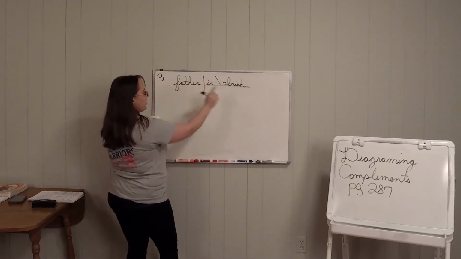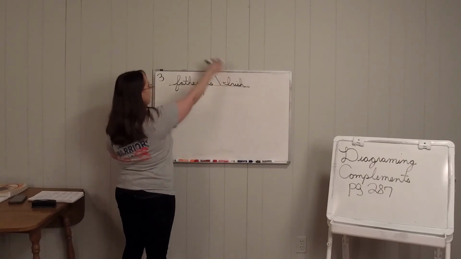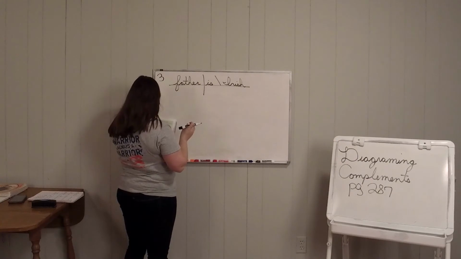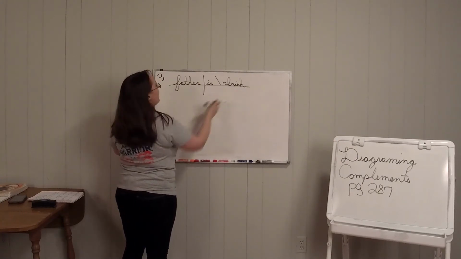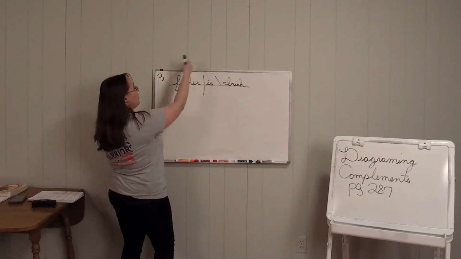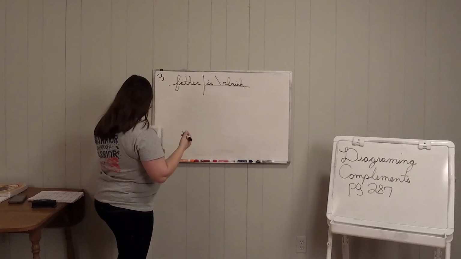This is a predicate nominative. It has the backwards slash and it's describing, it tells you what the father, or is it, hold on, that's not it. No, it's a predicate adjective. It describes, it's a predicate adjective. It's describing what his father is. His father is Irish. Alright?